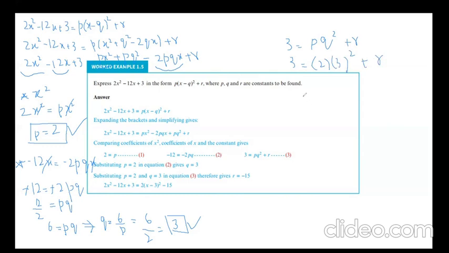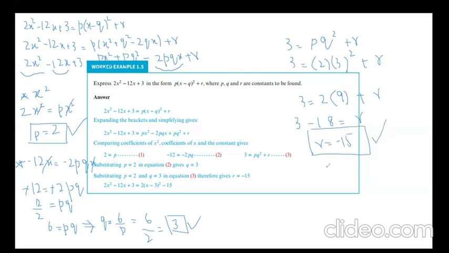So 3 equals 2 into 9 plus r. So this is 18. So 3 minus 18 equals r. So r equals minus 15. So these are the values of p, q and r.